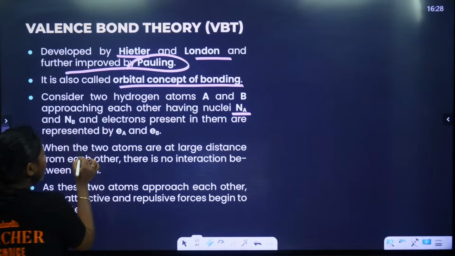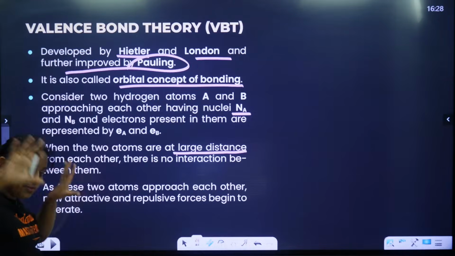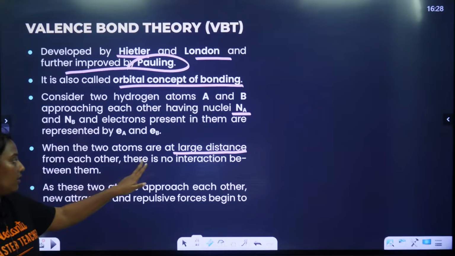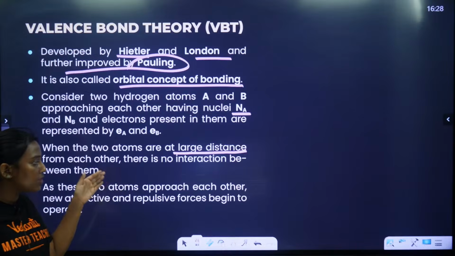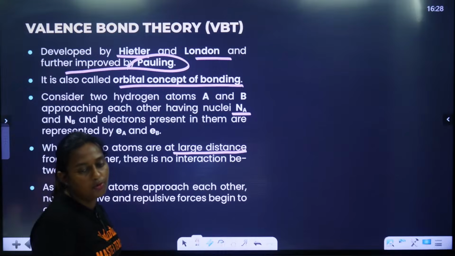When the two atoms are at a large distance from each other, there is no interaction. Obviously, there is no interaction between atoms when they are far apart. As the two atoms approach each other, new attractive and repulsive forces will form.